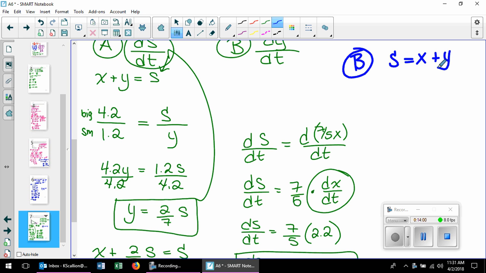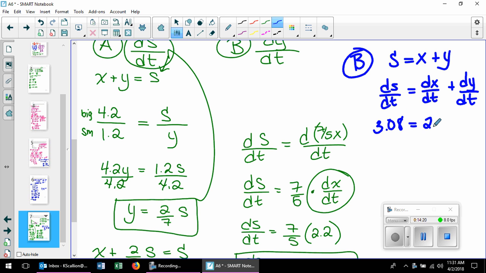So if I just take this and I differentiate all the parts to it, dx over dt, do we have that one already? And we are trying to solve for dy over dt. So ds over dt was 3.08. dx over dt is 2.2.